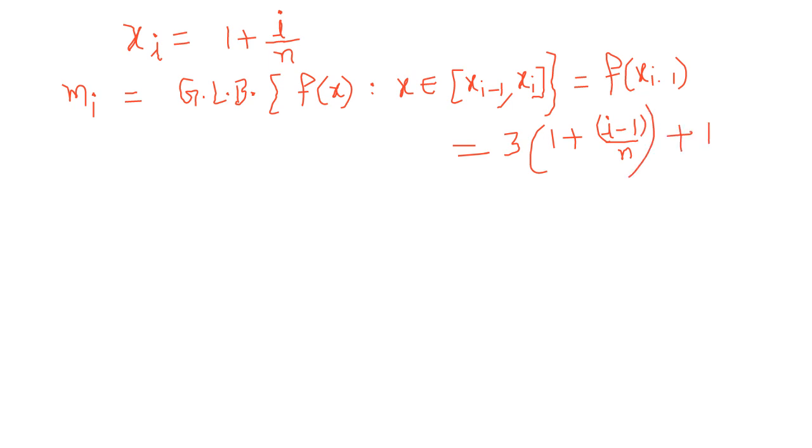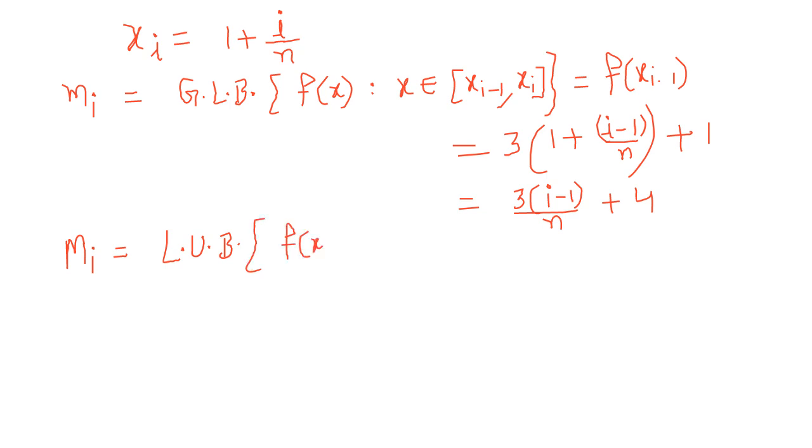This can be written as 3(i minus 1) upon n plus 4. Now find capital Mi, that is the LUB, least upper bound of f of x.